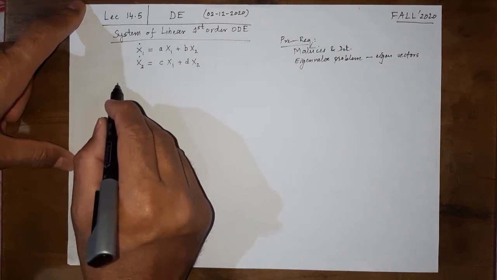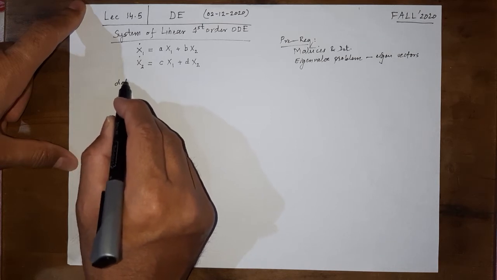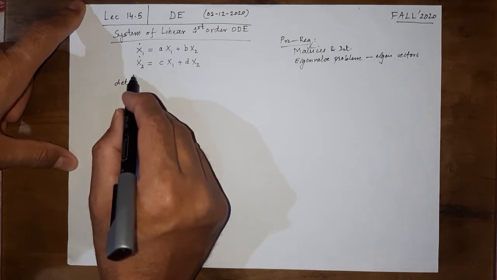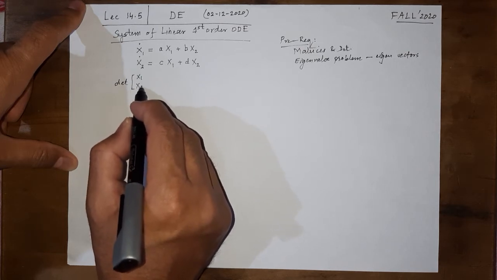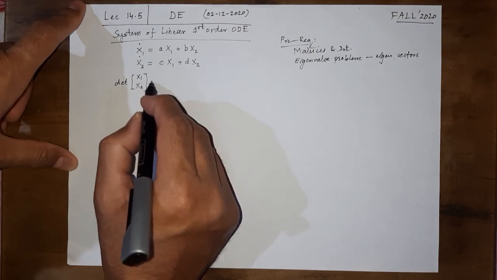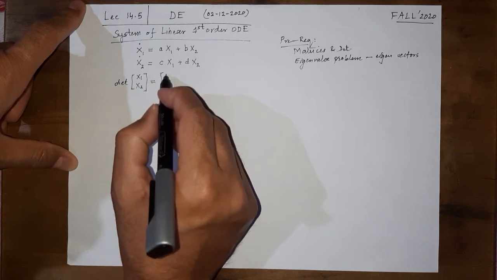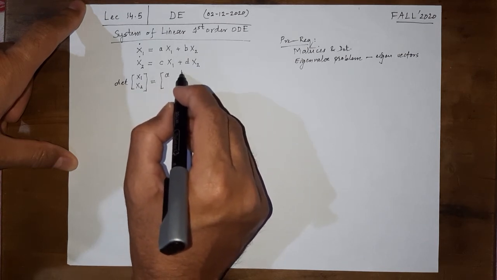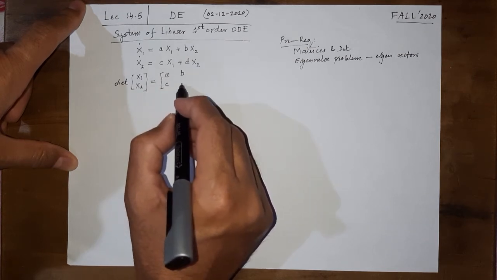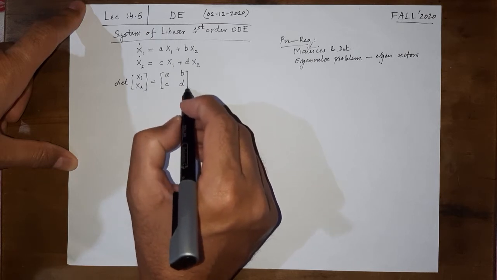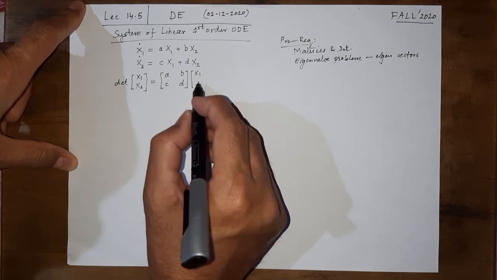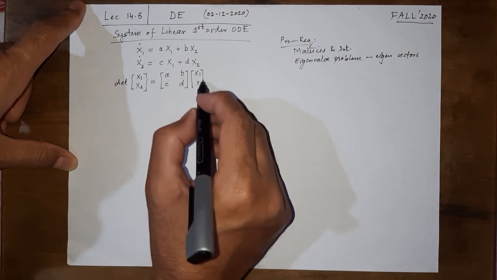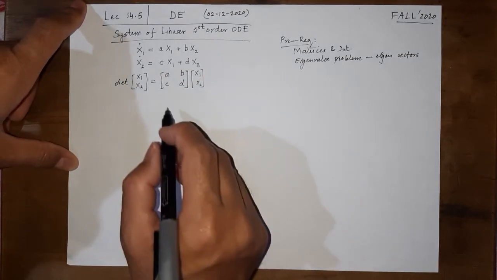So here we can write a column vector x1, x2 to be equal to a 2 by 2 matrix formed by the coefficients of x1 and x2, times the vector x1 and x2.